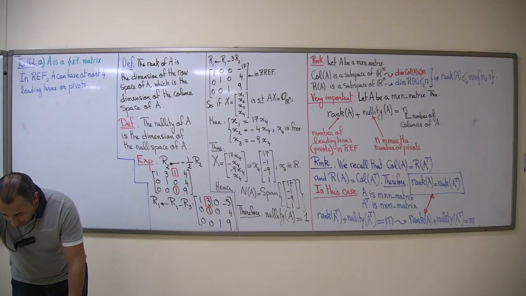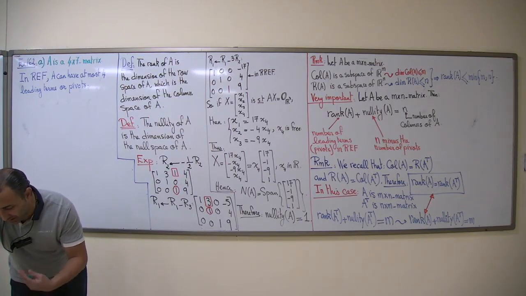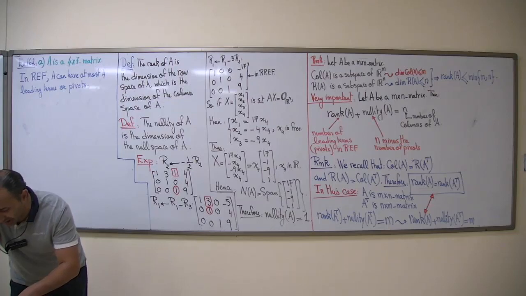And now, what is the maximum possible number of parameters in the general solution of AX is equal to 0?